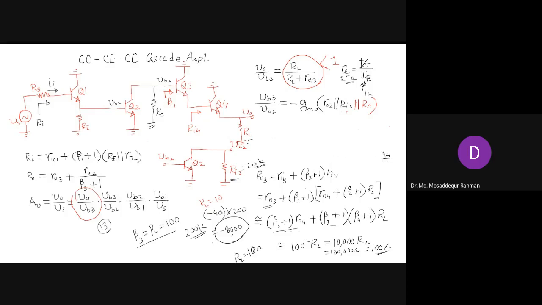How will it influence the gain? Any idea? Can you figure it out?